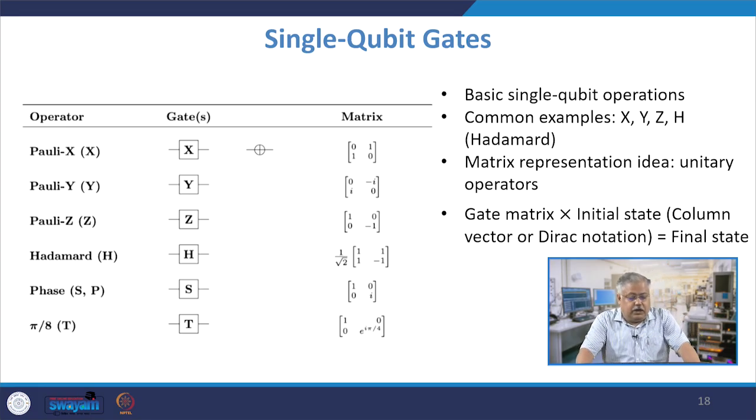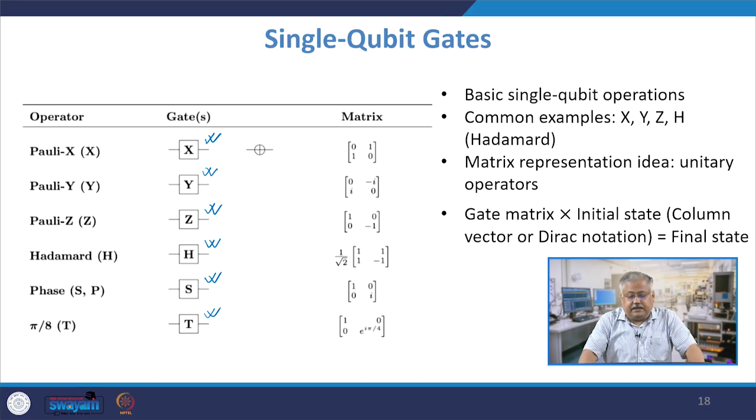These are Pauli X, Pauli Y, Pauli Z, and then you have a Hadamard gate, a phase gate, and a pi by 8 gate. These are the matrices involved. This is referred to as X, Pauli X, this is Pauli Y, this is Pauli Z, this is Hadamard, this is phase, and this is the T gate, pi by 8, with the matrix associated with each.